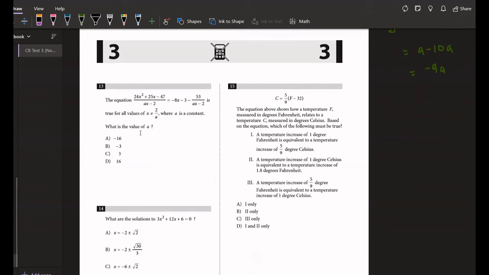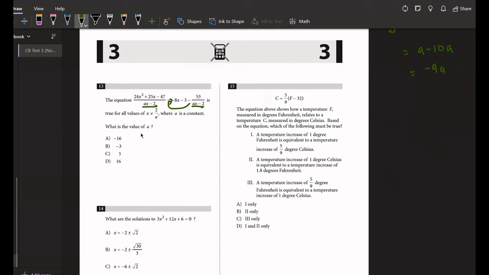Here you are supposed to find the value of a, and they are saying x is not equal to 2 over a. So we will be able to cancel this with this because they are both similar and both of them are in the denominator. First, we are supposed to multiply this here in the numerator so that this denominator comes for the whole term, right?